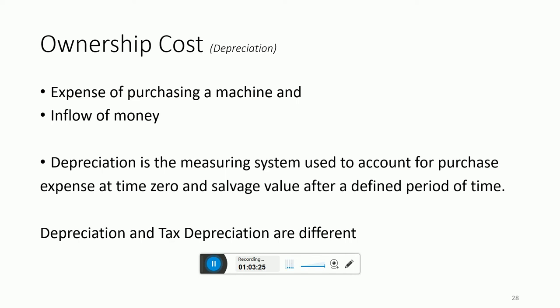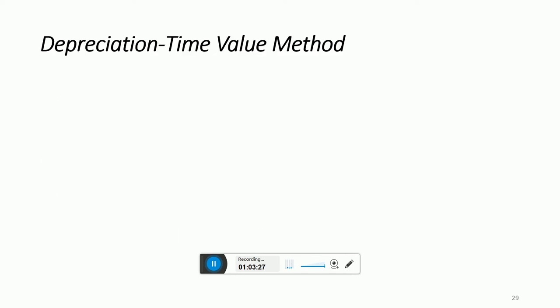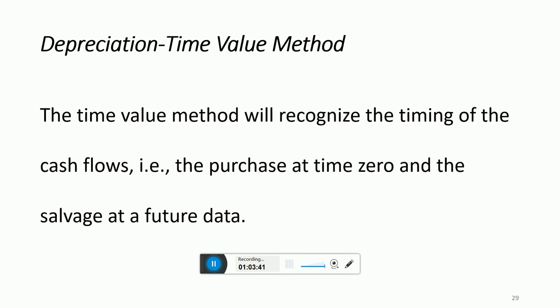However, that cannot be the actual case in reality. So the first method in ownership cost depreciation is the time value method. The time value method recognizes the timing of the cash flows, that is, the purchase at time zero and the salvage at a future date.